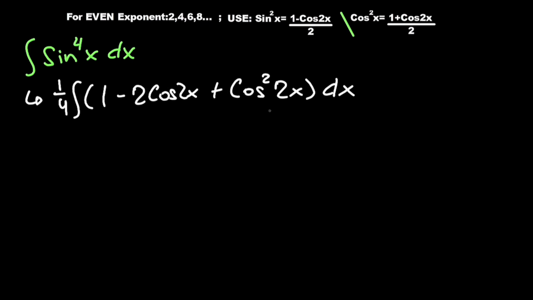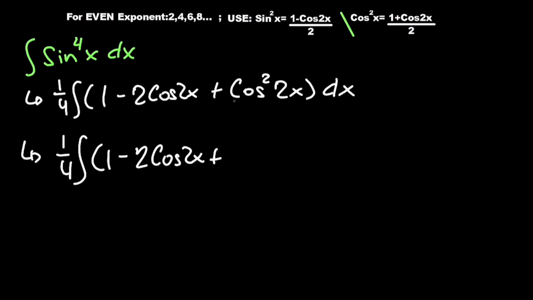And so you can see here, the exponent of this is even. So we will use this now. So this would be 1/4 the integral of 1 minus 2 cosine of 2x plus cosine squared of 2x.